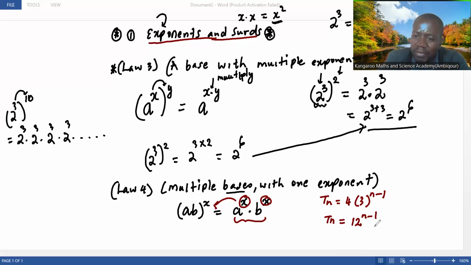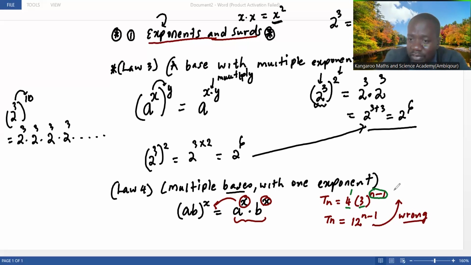If the learner continues with this, whatever they solve will be wrong. Because look, 4 has an exponent of 1. 3 has an exponent of n minus 1. There is no way you can multiply 4 and 3 if the exponents are not the same.